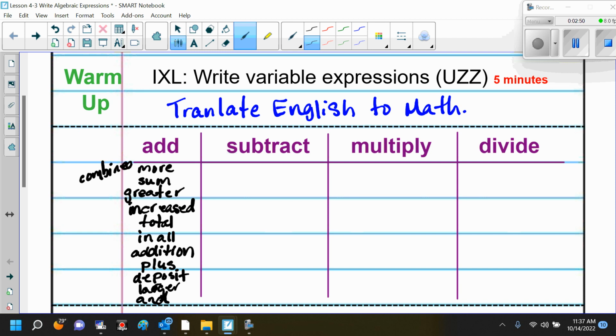All right. So let's move on to subtract. What words tell me that I'm going to subtract? Withdraw. Very good. Minus. Good. Less than. Good. Decreased. Very good. Take away.